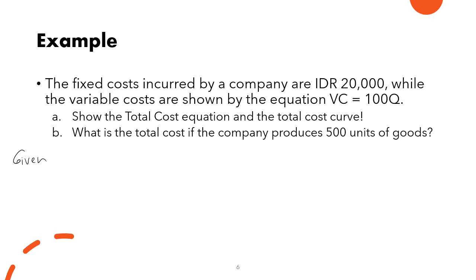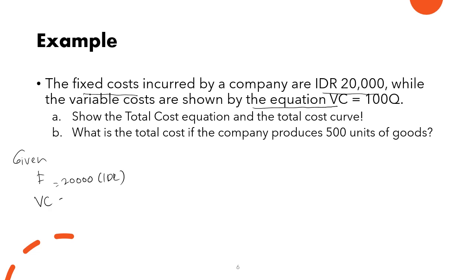So given here, fixed cost F is 20,000 in IDR, and the variable costs are shown by the equation. So it is already an equation.